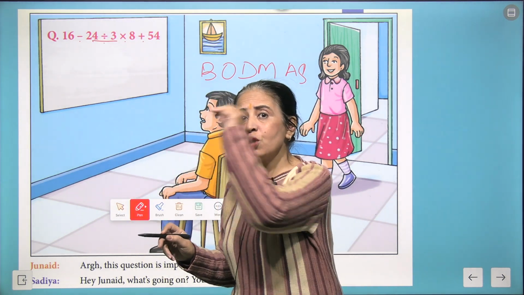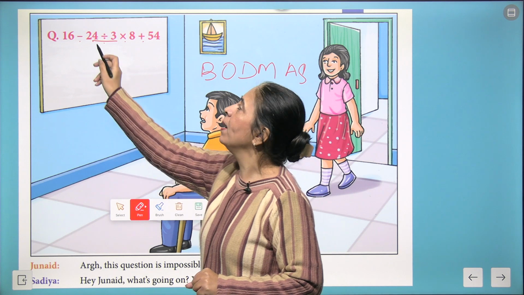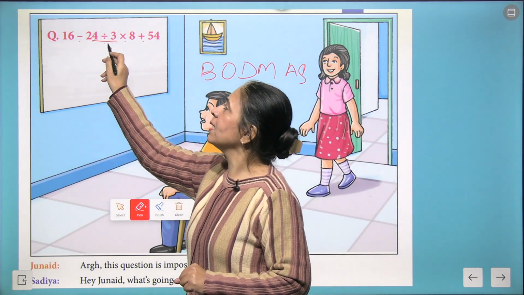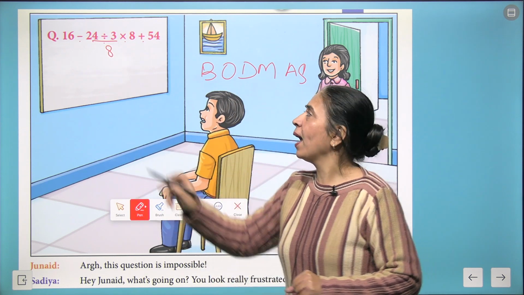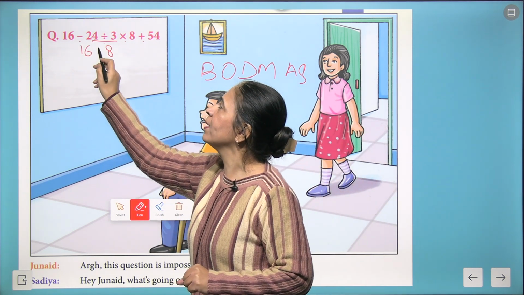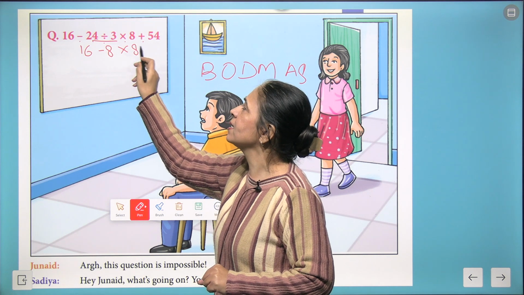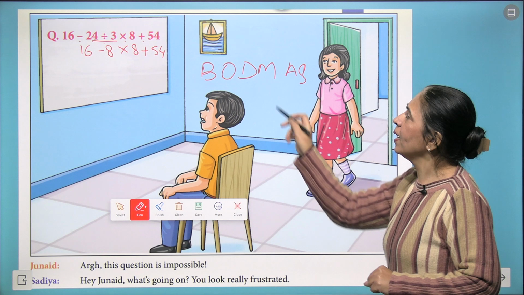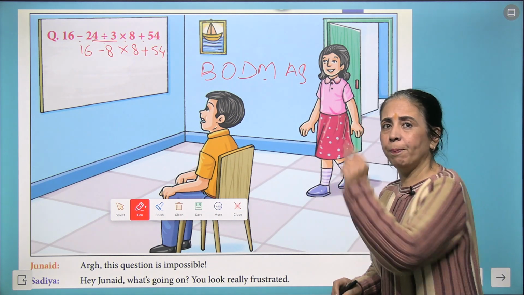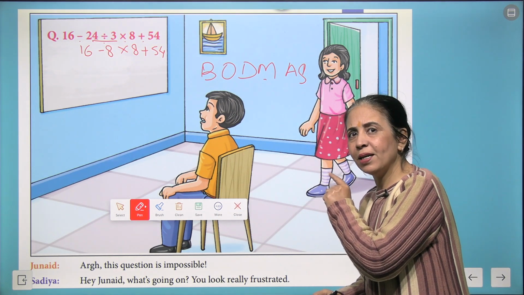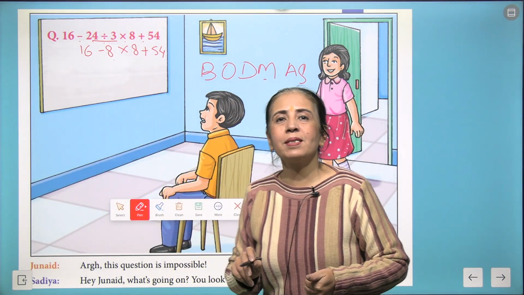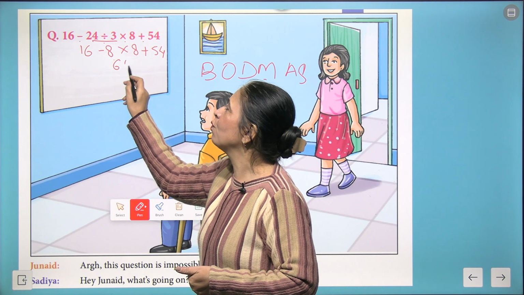Exactly, this is the first operation that you will perform: 24 divided by 3. 3 eights are 24, and the remaining part will be written as it is. Understood? After this, we get multiplication. Is there any multiplication? That's great. That is 8 times 8 becomes 64.